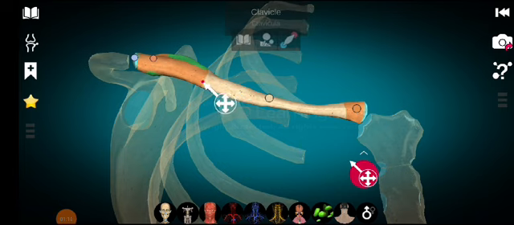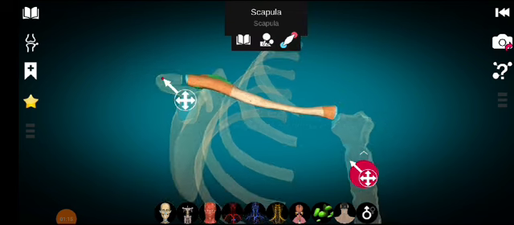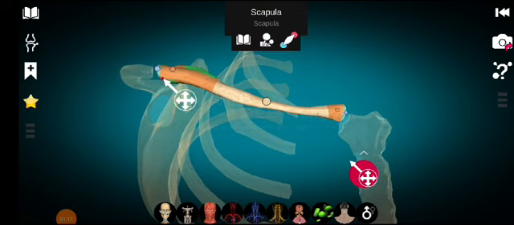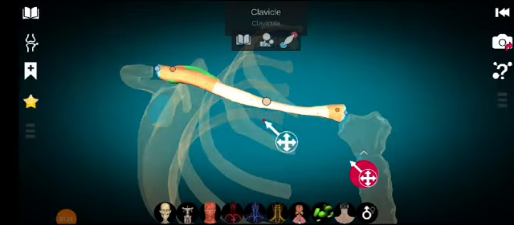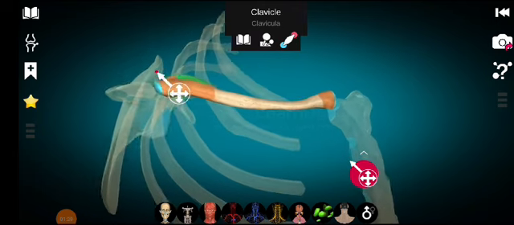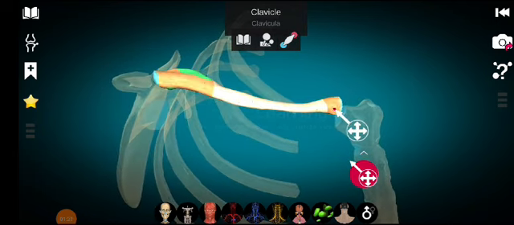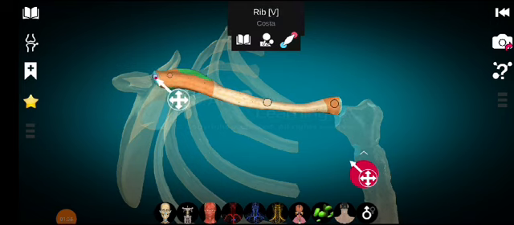Going to the anatomy of the clavicle, you can see over here it has two ends. One end is here on the lateral side, and the other end is here. This is the medial end of the clavicle, and this is the lateral end of the clavicle. The medial end is also called the sternal end, and the lateral end is also called the acromial end.